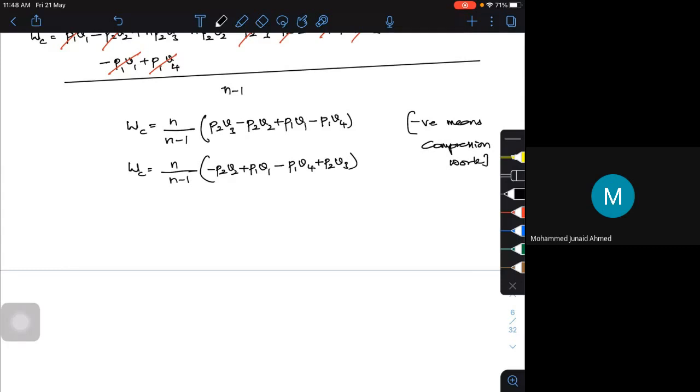This will be WC is equal to minus n by n minus 1, or I can write P2 V2 minus P1 V1, okay, one side. Another side I can write it as minus n by n minus 1, P2 V3 minus P1 V4. I'm rewriting, that's it.